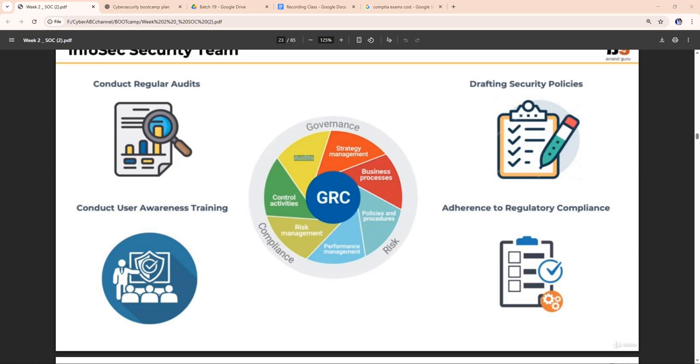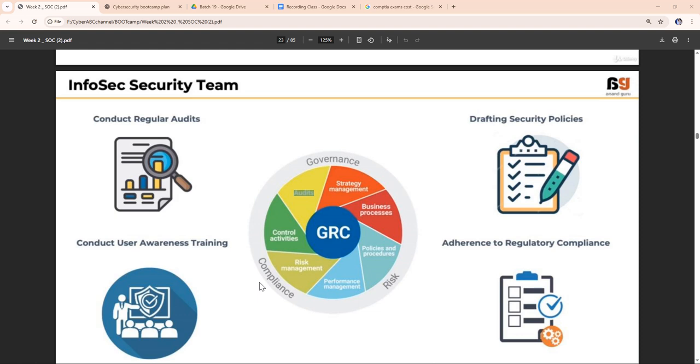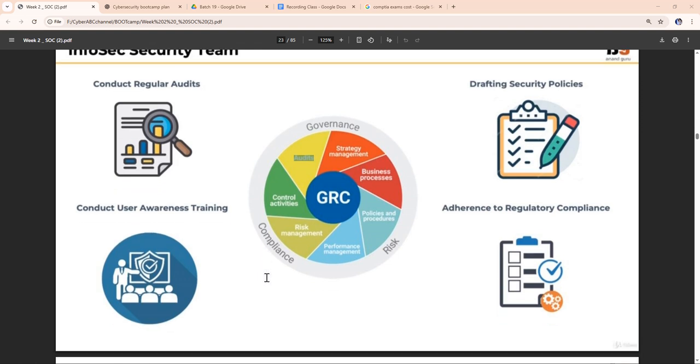Does it fit in like that? That's where it plays, at the top-level managerial roles, making SOPs, etc.